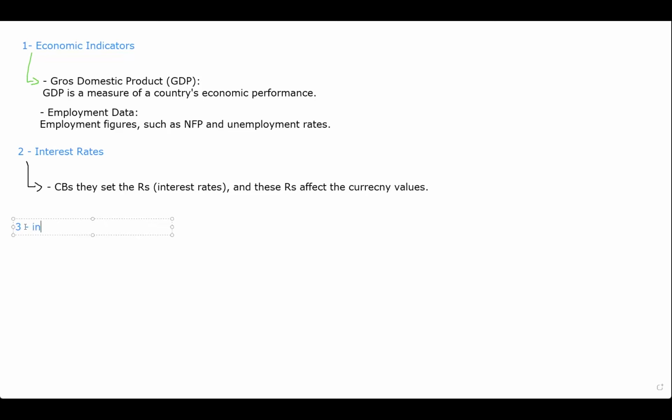Inflation rates, known as CPI. Most people know this as CPI as well, but inflation rate is different from CPI.